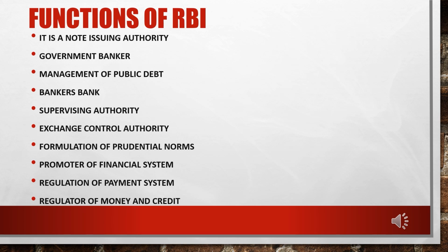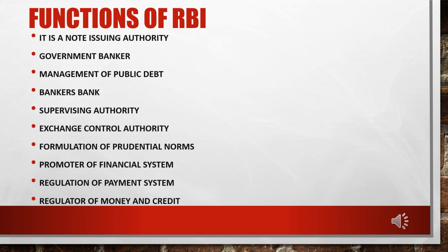When we say registration, it means that whenever any kind of loan is taken by the central government or the state government, mostly the central government, all the loans are basically taken through RBI. Whenever they want to raise money from the public, they sell the securities through RBI on behalf of the government. The government securities are sold by RBI whenever they try to absorb money from the market.